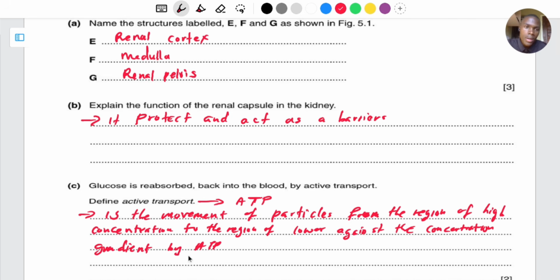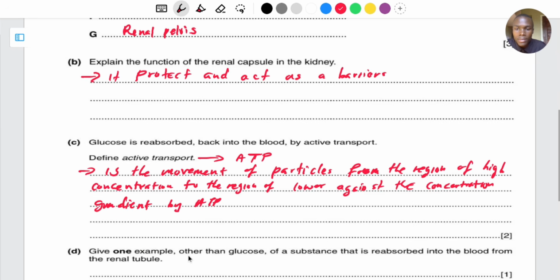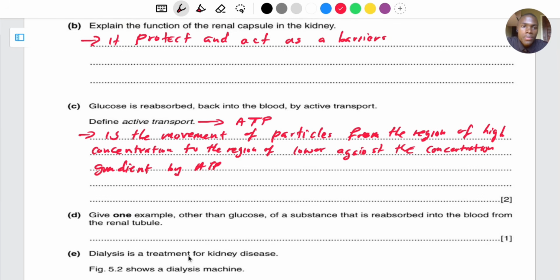Or you can say by using energy if you want. That is active transport. For example, the reabsorption of glucose needs energy from ATP through active transport.